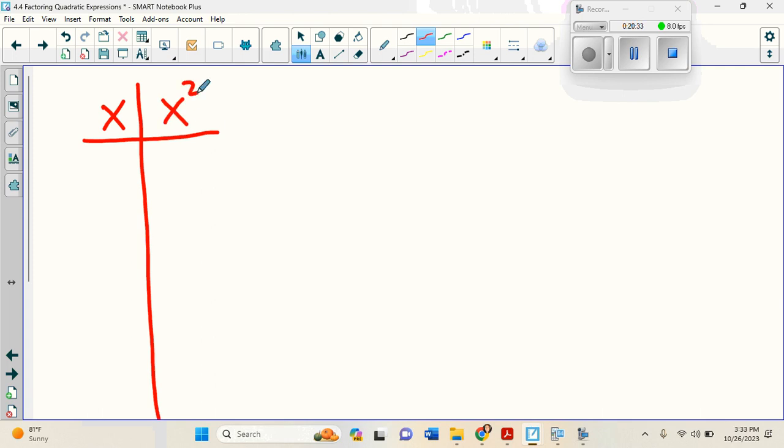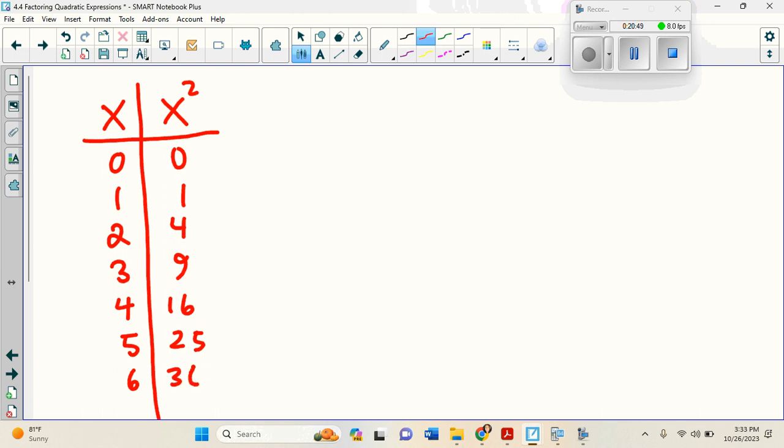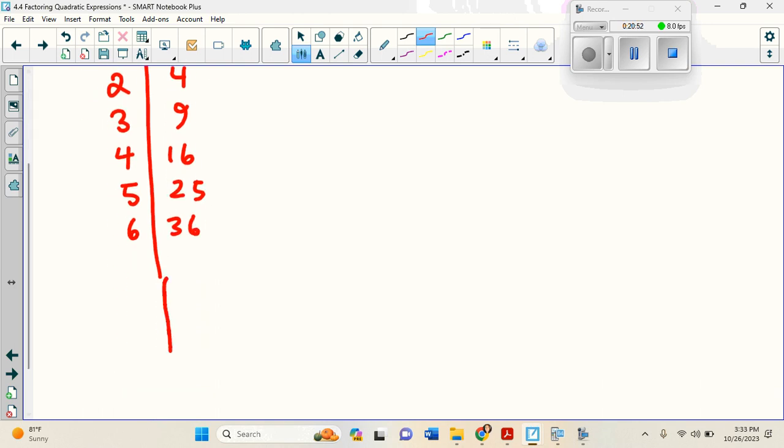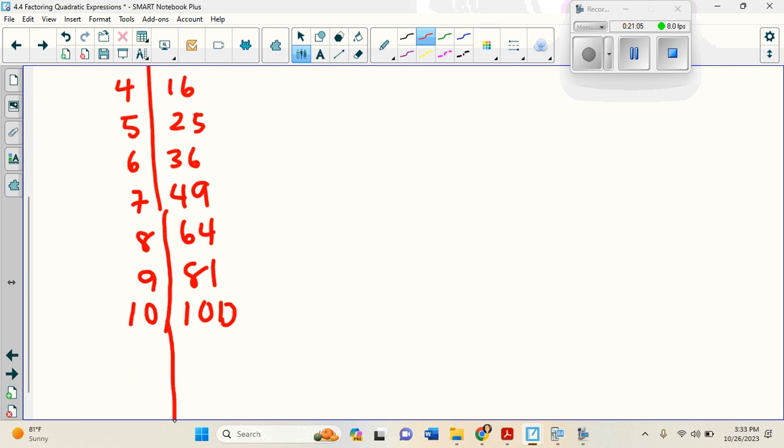We kind of started doing that when we were looking at parabolas. 0 squared is 0, 1 squared is 1, 2 squared is 4, 3 squared is 9, 4 squared is 16, 5 squared is 25, 6 squared is 36, 7 squared is 49, 8 squared is 64, 9 squared is 81, 10 squared is 100, 11 squared is 121, and 12 squared is 144.